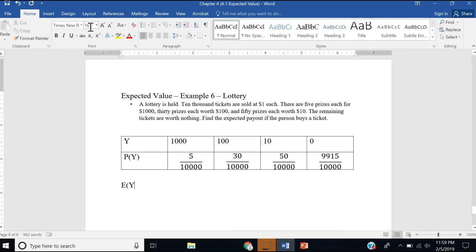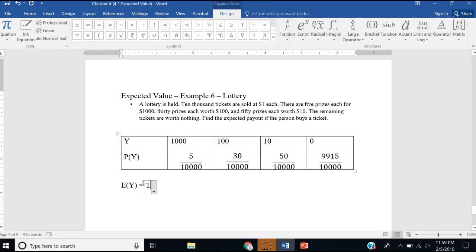And just like always, when we're doing this, what are we going to do? Expected payout. We're going to take each of these numbers, 1,000 and so on, and multiply it times their corresponding probabilities, and then add them all up.